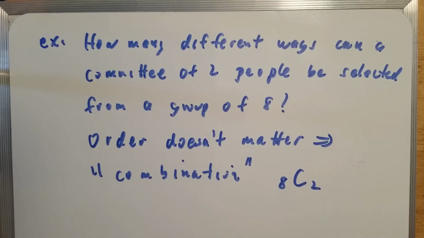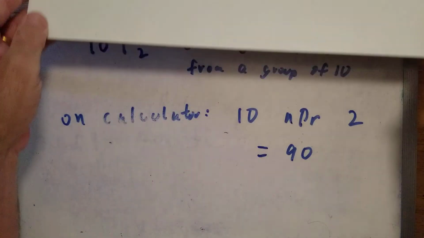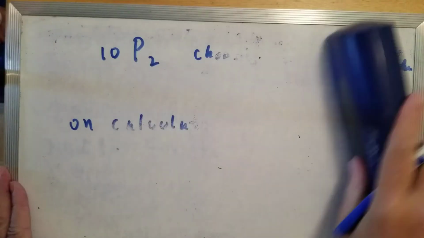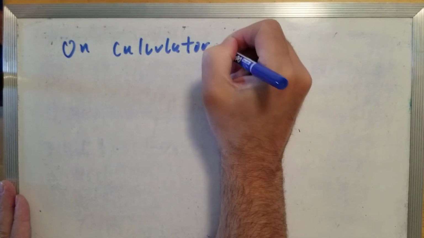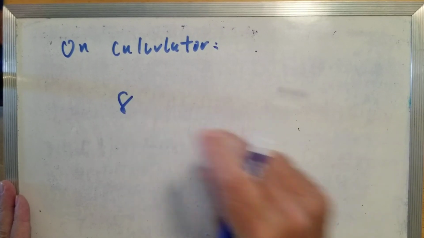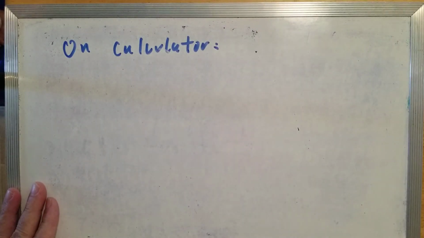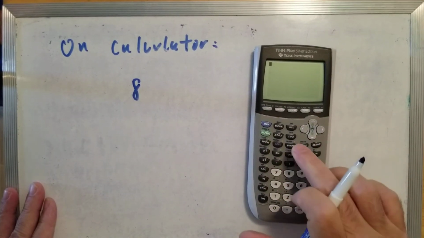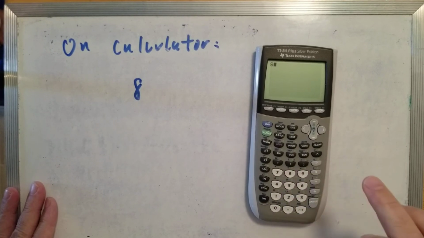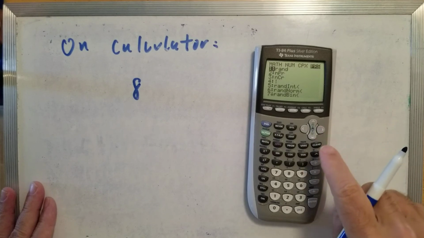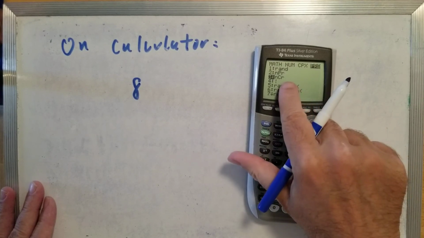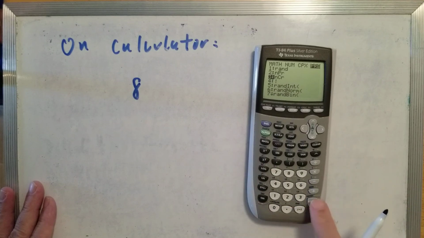And again, we're going to use the calculator to do this. So on the calculator, I'm first going to enter the 8. And then I'm going to go right back into the Math PRB. And this time, instead of nPr, I'm doing nCr.